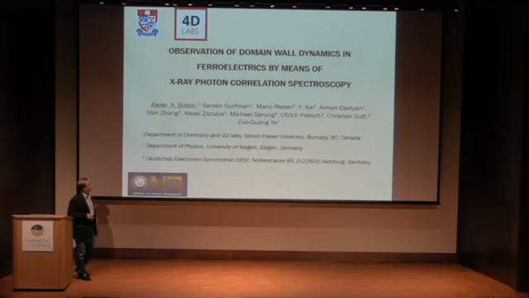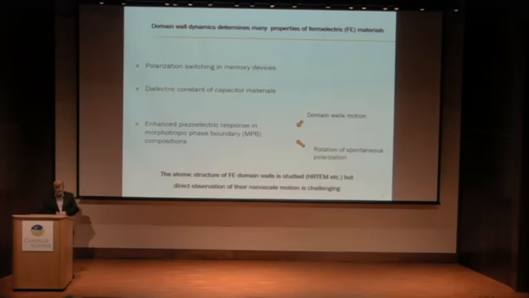About the dynamics of domain walls. You know that many properties of ferroelectric materials are based on the domain wall motion, and in particular on the motion of domain walls under external excitations.